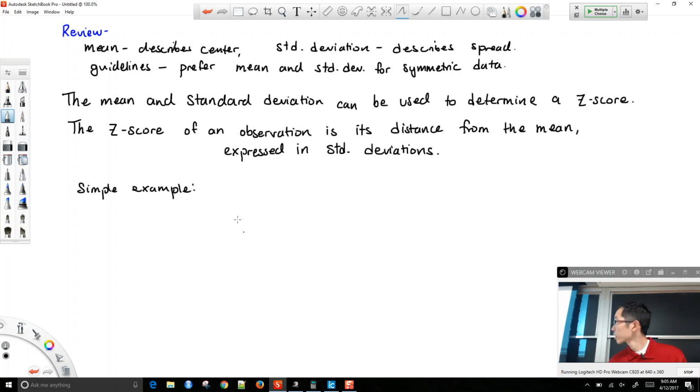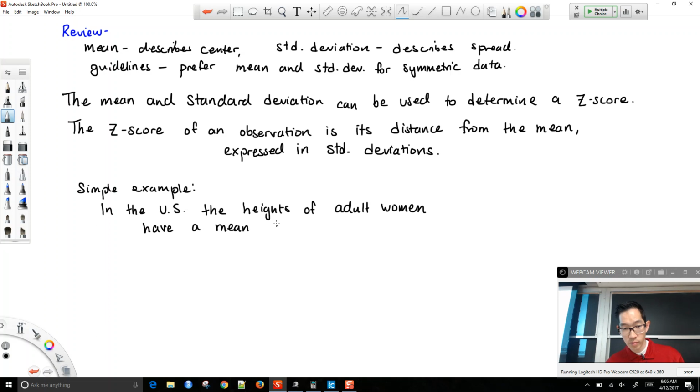Let's say that in the US, the heights of adult women have a mean of 64 inches and a standard deviation of 3 inches.